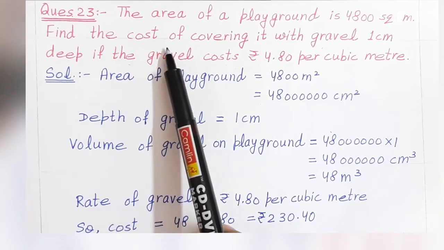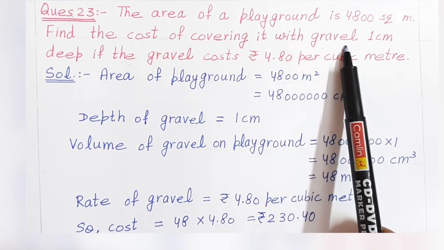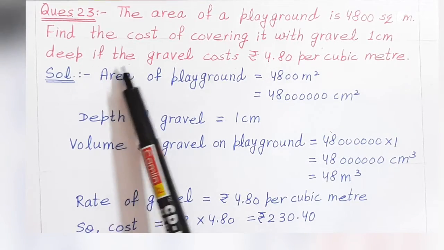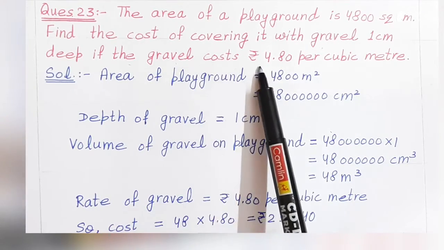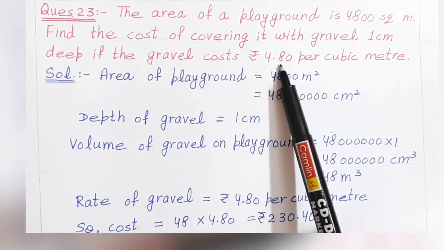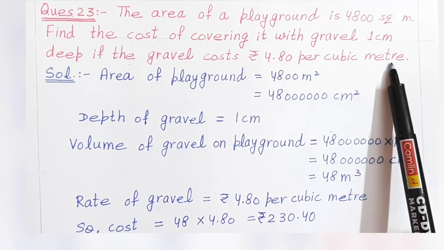Find the cost of covering it with gravel 1 centimeter deep if the gravel costs rupees 4 and 80 paisa per cubic meter.